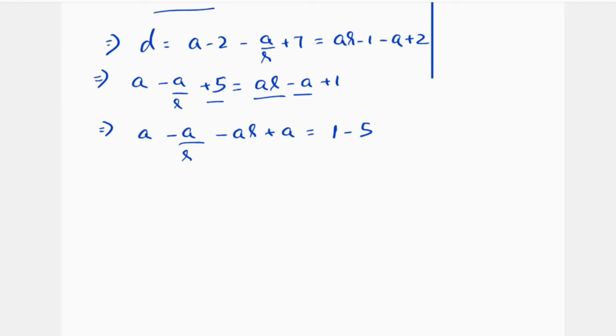Now I have to simplify. So that gives us 2a minus of ar plus a by r is equal to minus 4.